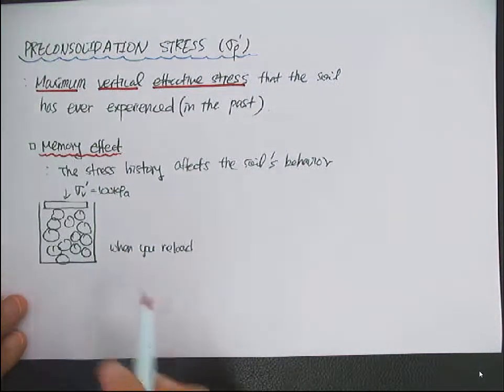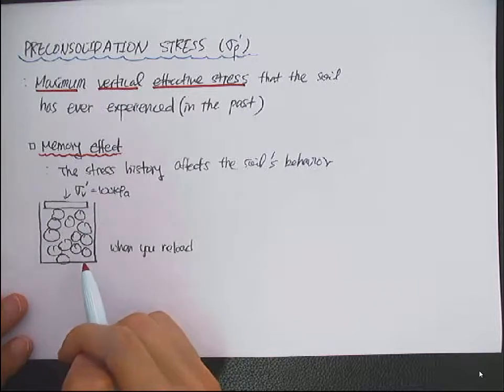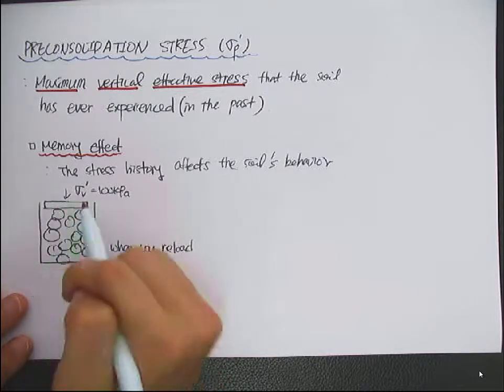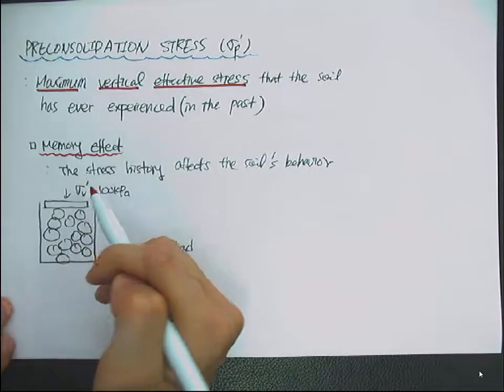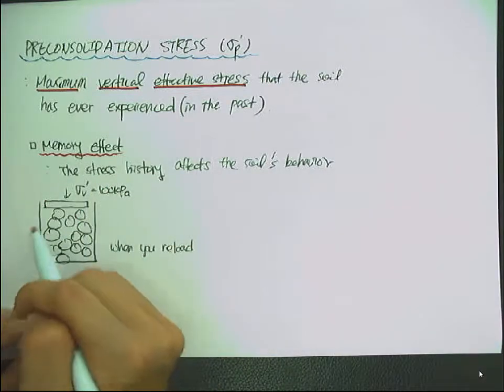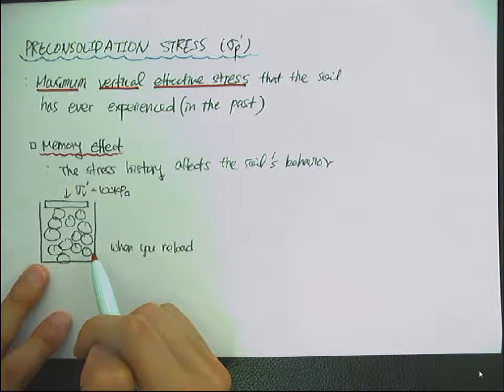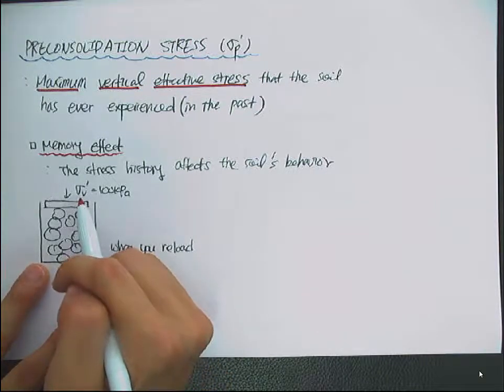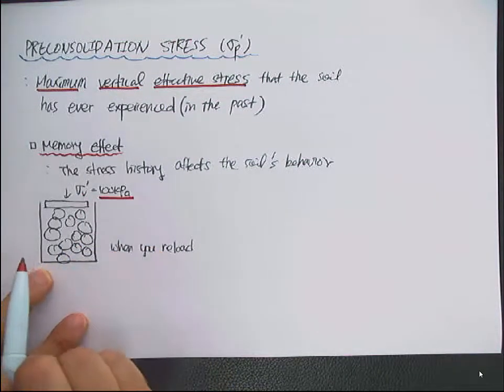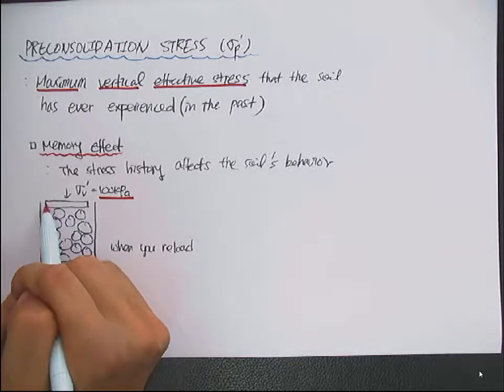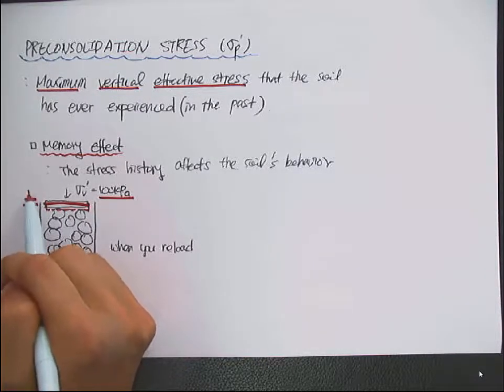For example, let's say that we have soil in a container and we pour the soil into the container. So the soil has never experienced any stress. Then we apply a vertical effective stress of 100 kilopascals. So then this will settle by this much.